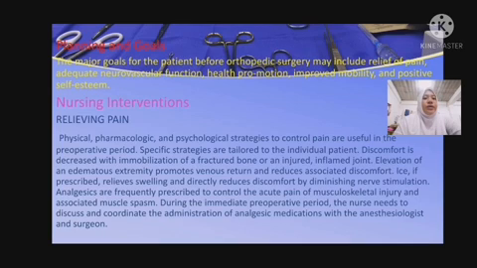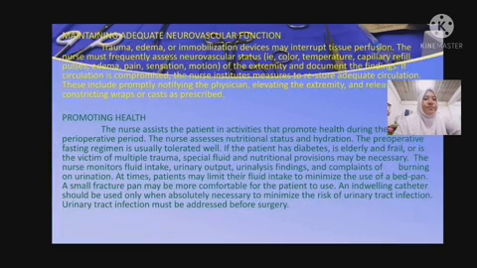Analgesics are frequently prescribed to control the acute pain of musculoskeletal injury and associated muscle spasm. During the immediate preoperative period, the nurse needs to discuss and coordinate the administration of analgesic medication with the anesthesiologist and surgeon.